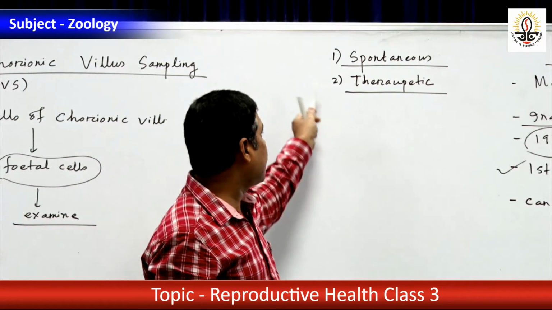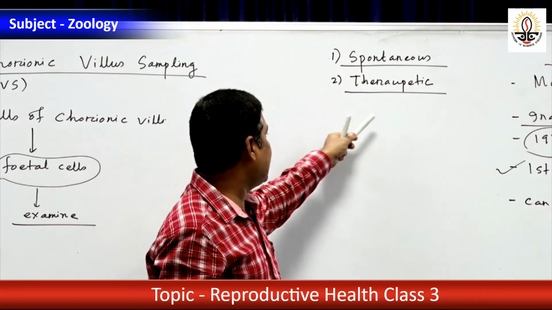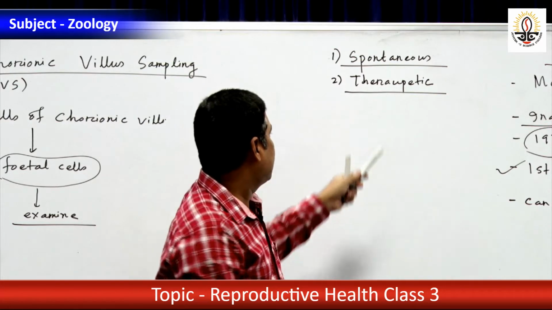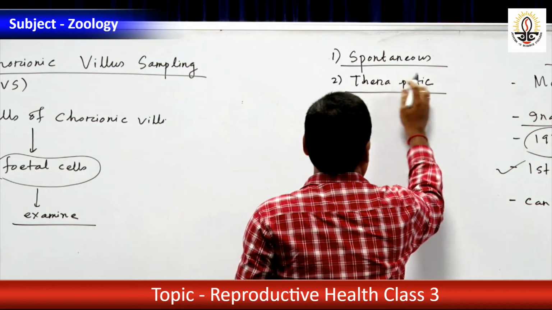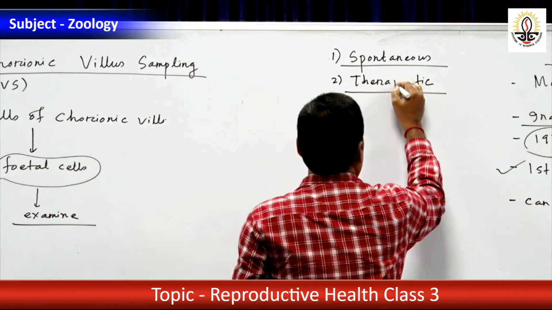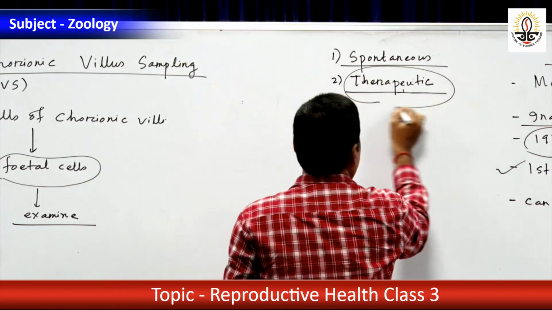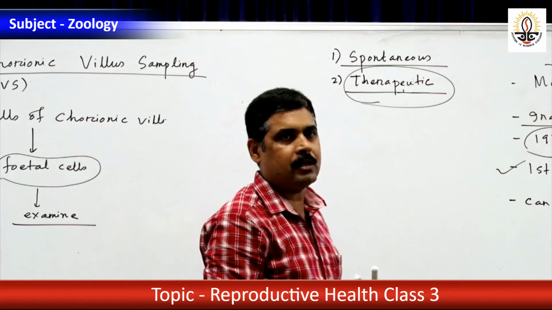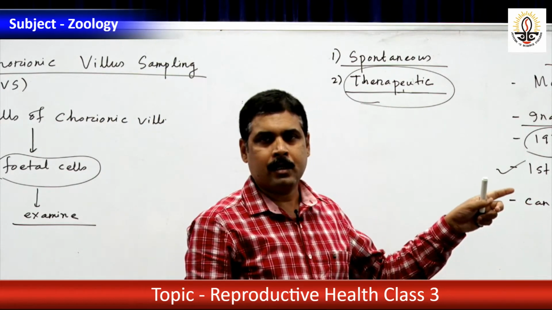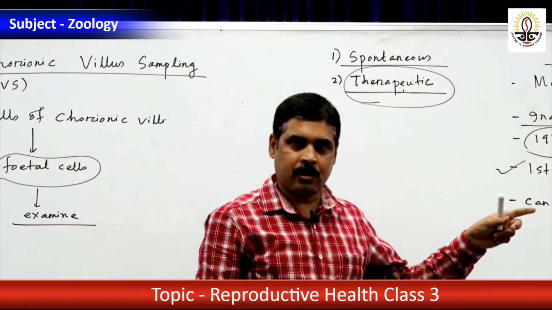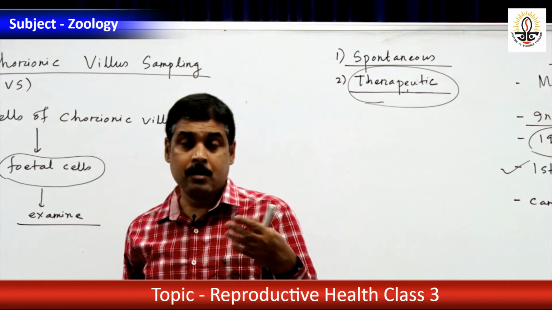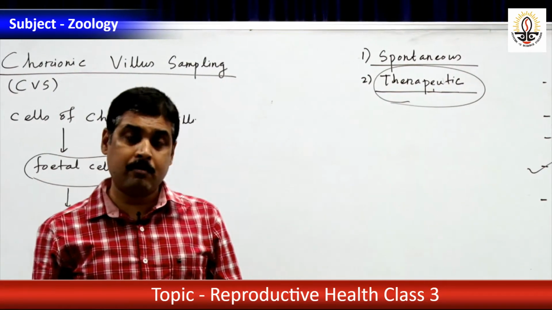That is called spontaneous. And what is therapeutic? Therapeutic means doctor's advice. If it is taking place by means of the advice of the doctor, that is called therapeutic. Okay? Vacuum aspiration is one of the procedures by which MTP is carried out.